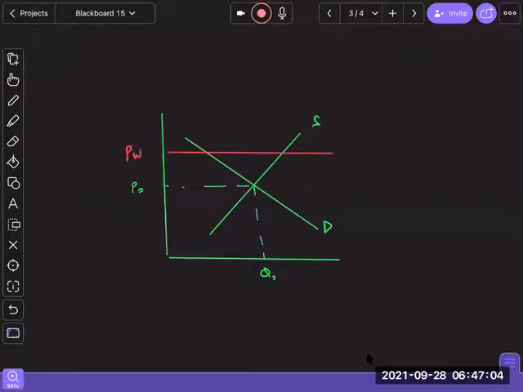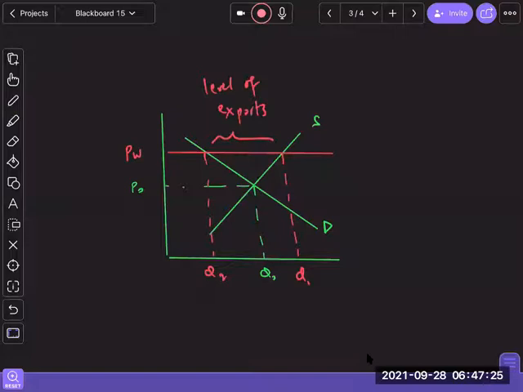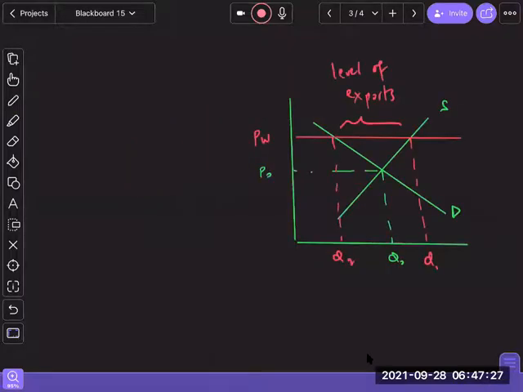Then your domestic supply will be Q1, your domestic demand will be Q2, and this becomes my level of exports. Isn't that true? So this is the diagram that makes you an exporter.